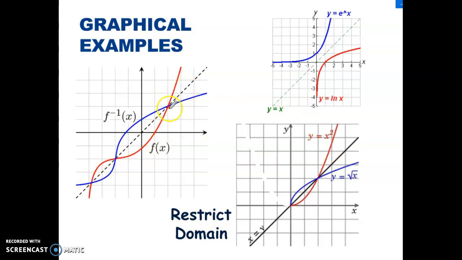Notice that if the original graph does cross the line y equals x, then its inverse will also meet you right there. So every time this graph crosses the line y equals x, the inverse relationship will meet you there. Otherwise, it's on the other side of the line y equals x.